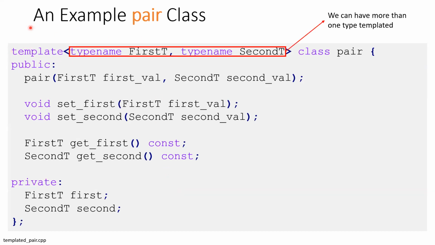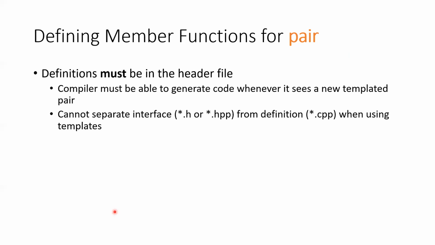So first, template, and you can have more than one type templated. So we're having typename FirstType and SecondType. The class Pair, and you have the constructor, the setters and getters, and the two private fields, just like how you would write a class.